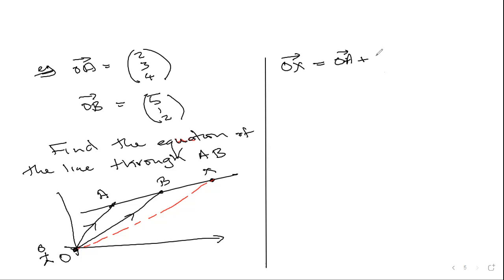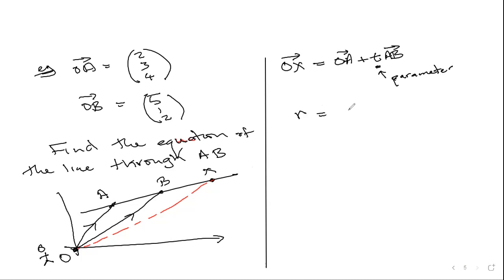So what we're going to write is a parameter which we're going to call T, some factor: 2 times AB or 3 times AB or 4 times AB. This T is a parameter, a value. It could be 3/4, it could be 2, it could be 10. So what we're saying is go from O to A and then travel 10 miles along the road, going through AB until you reach X. So T is a parameter that we're going to use.